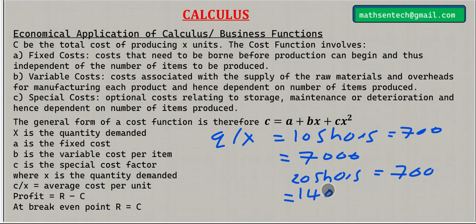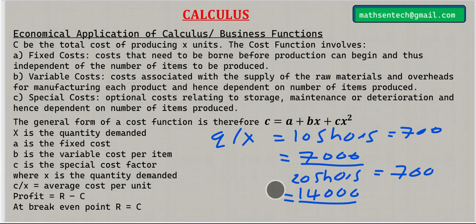It will be 14,000. So you can see by every purchase of the shoes, the cost is increasing. It's varying. That's why it's called variable cost. It varies with every change in the quantity of the goods.